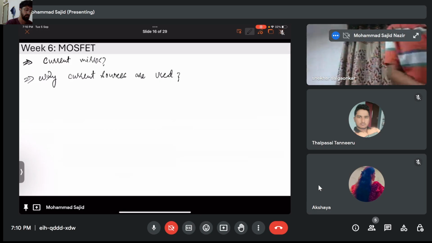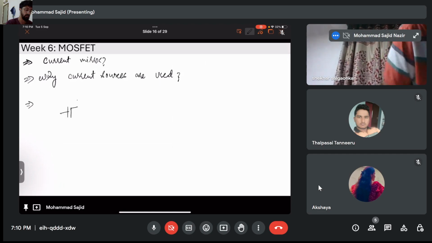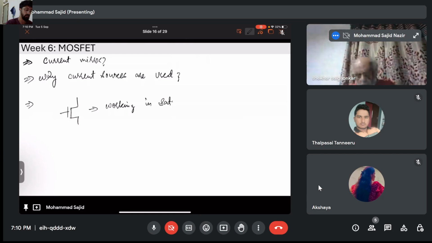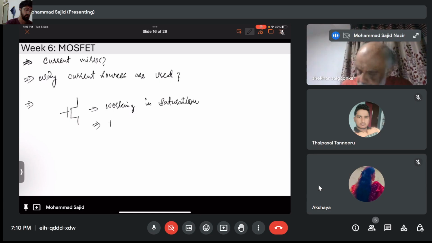Okay, so if you have a transistor working in saturation, can you tell me what is the formula for IDS?